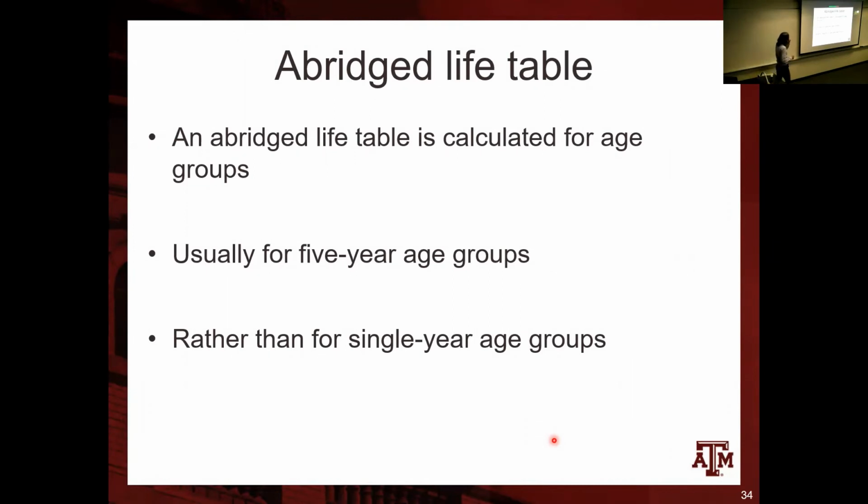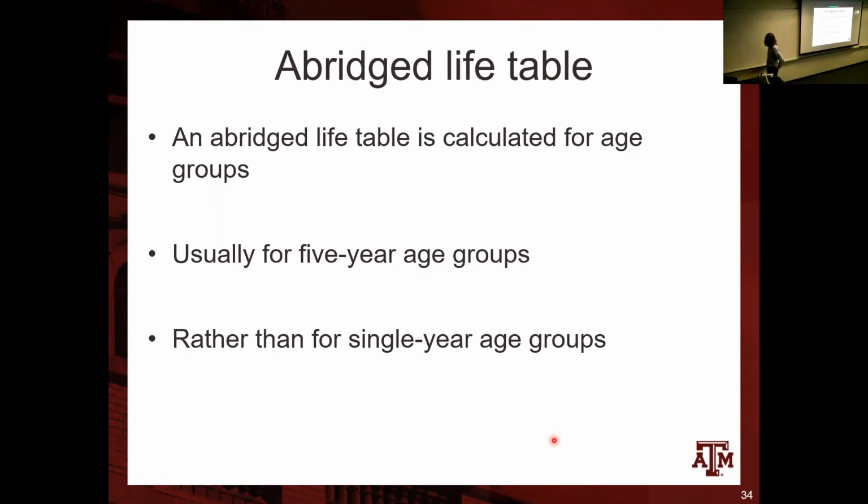The life tables are usually calculated for age groups, the same way as we did total fertility rates by age groups, in the same way as we just did the standardization. Instead of getting information for every single age, we break it down by age groups. Whenever we have a life table where we break the population by age groups and don't get information for every single age, we are estimating an abridged life table.